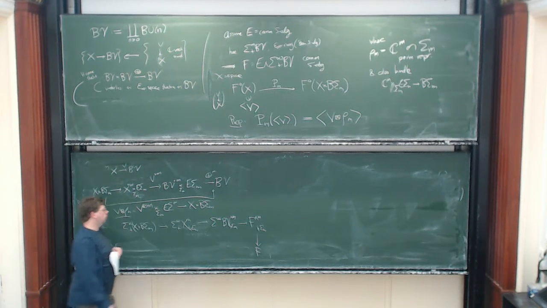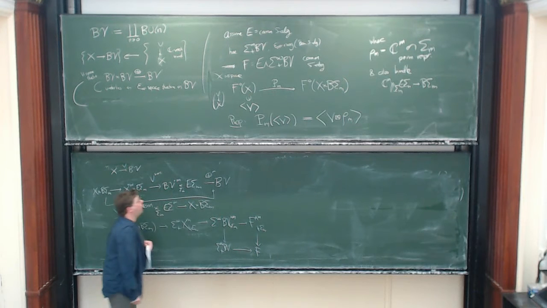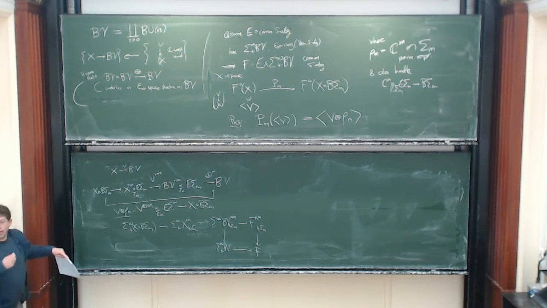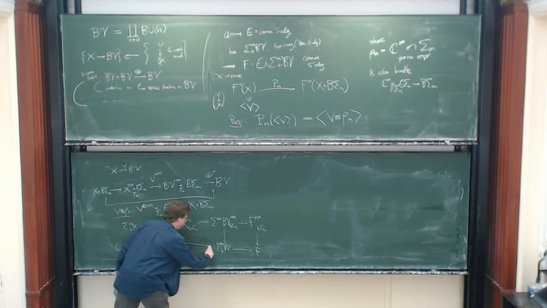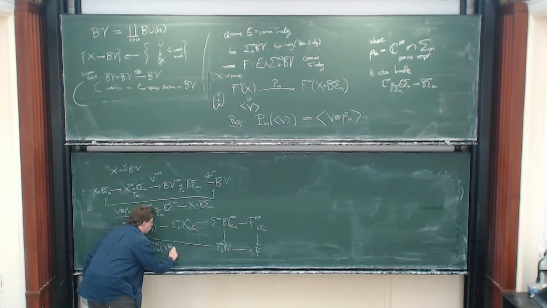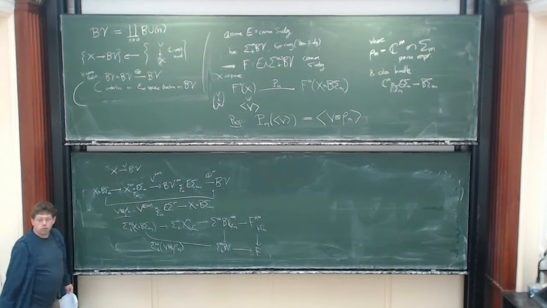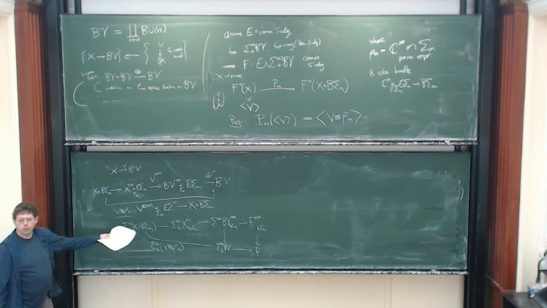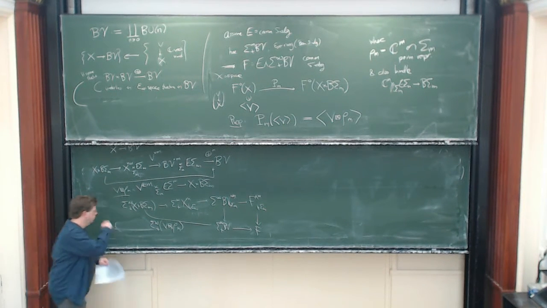It has this multiplication, and that extends the one that's already defined for BV, because the map from the suspension spectrum of BV to F is itself a map of commutative S-algebras. So this map down here is the suspension spectrum of the map I just told you about. And now I'm just pushing it forward into F. Well, that's the definition of this tautological characteristic class of that guy. All right.